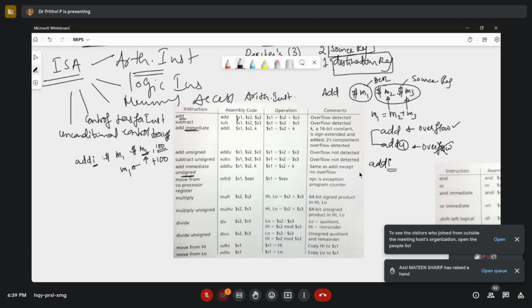And the same thing for multiply and multiply unsigned. Now for multiplication, you have one thing. When you are adding, n bits are added to n bits, so there can be 1 extra bit if it exceeds the range of value. That means n plus 1 indicates an overflow.